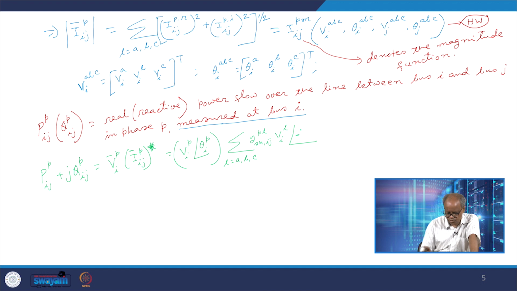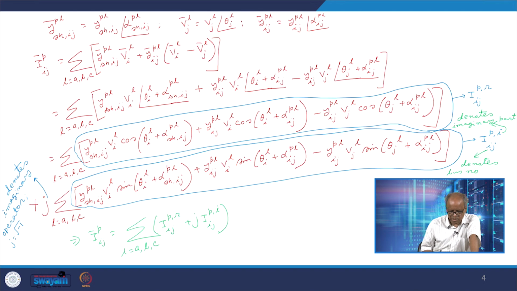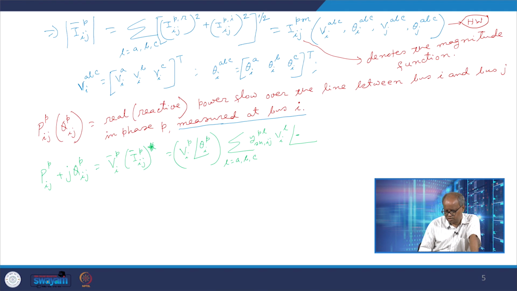So, this angle should be minus theta_l minus alpha shunt_ijpl.